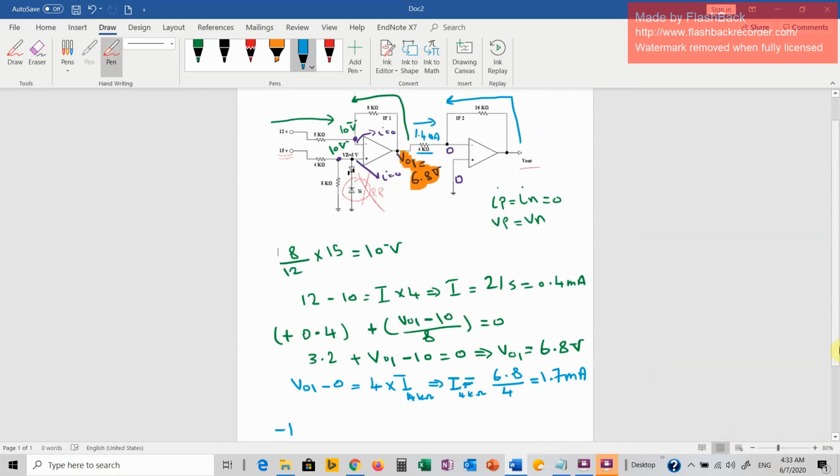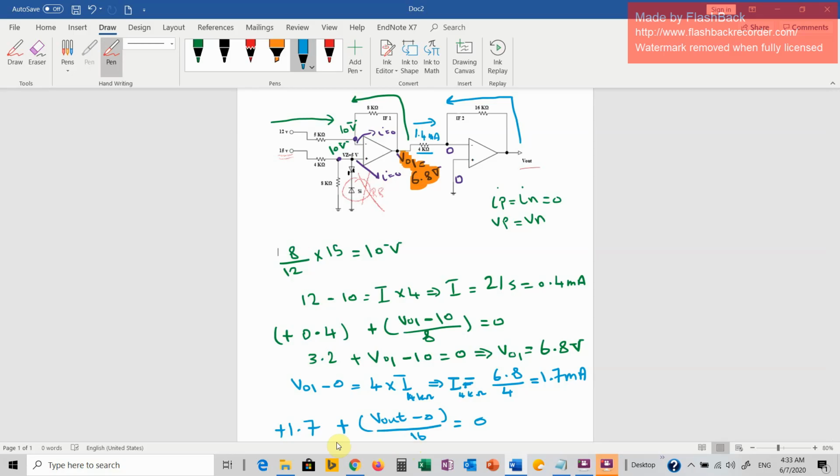So minus 1.7, now minus V out, which I'm looking for, minus 0 because the voltage here is 0, by 16 is equal to 0. So this is plus, this is plus.